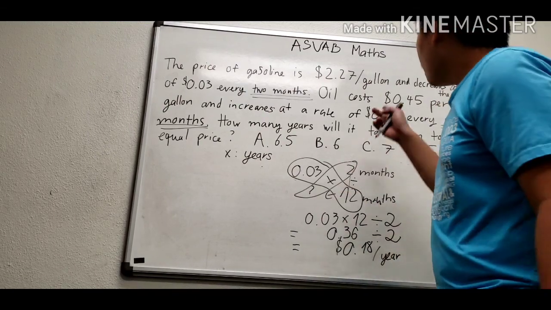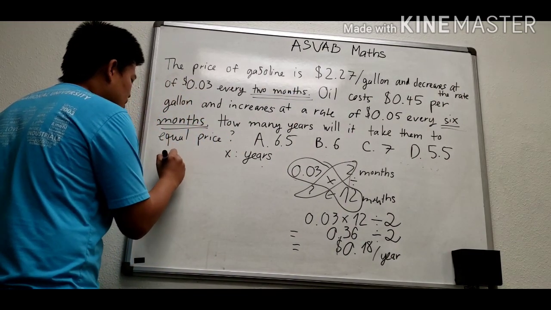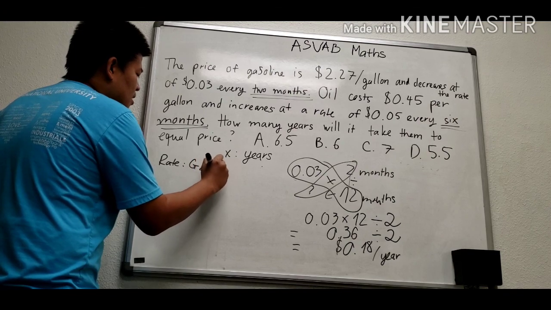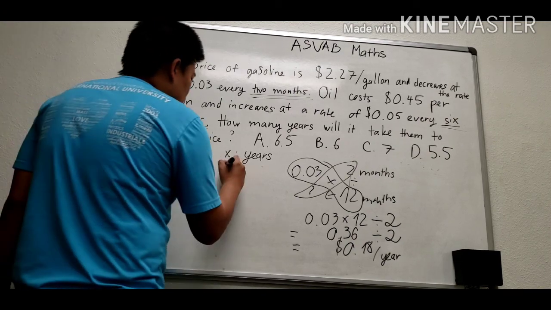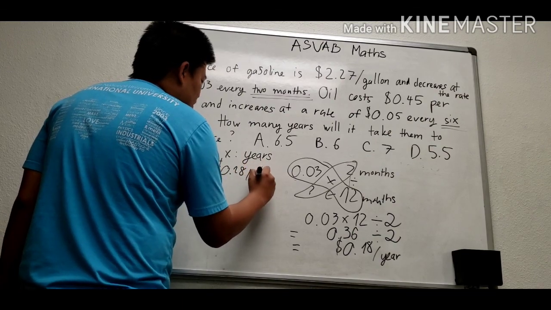So that's about the gasoline. We got the rate in here. The gasoline is $0.18 per year.